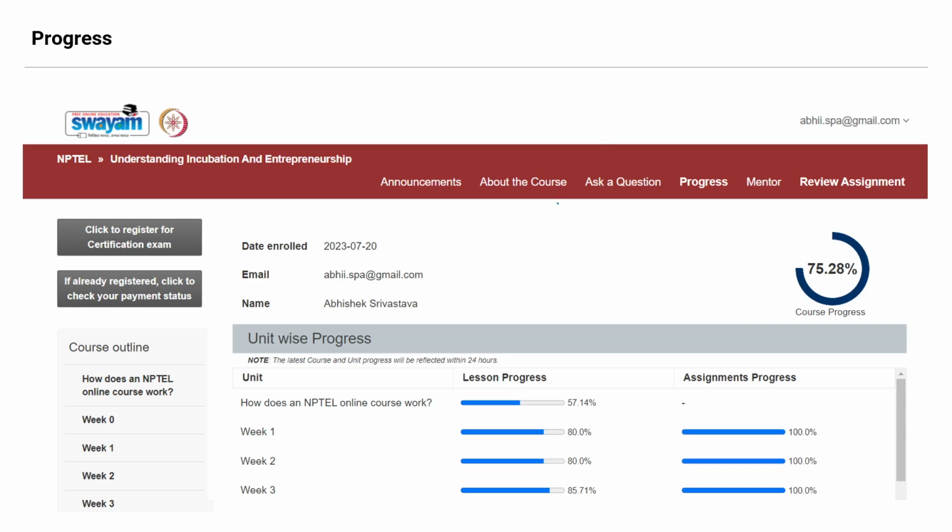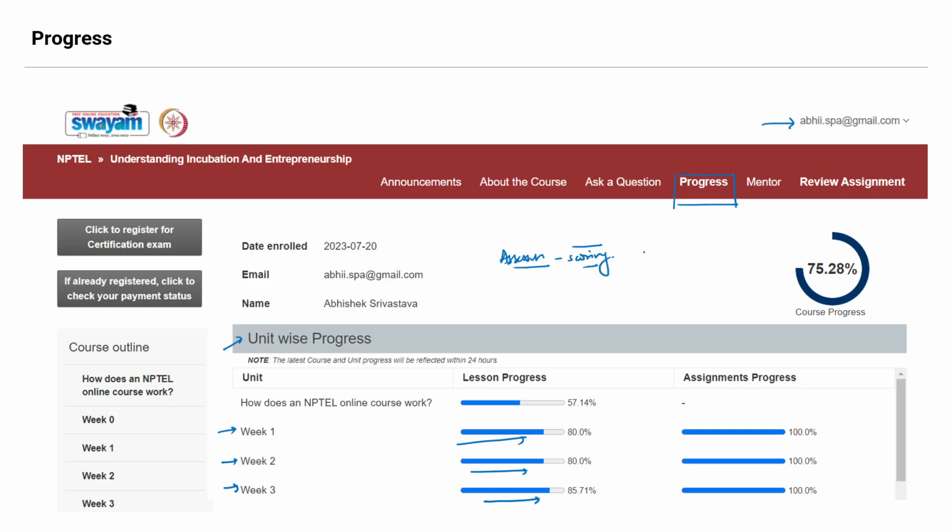So this is how your progress tab looks like. The moment you log in, you will see your login ID, and this is the progress tab. It has unit wise progress, which is about the content which you have been going through, the week wise content, and you can see the bar. The blue one is how much you have completed, right? And then there is an assessment progress. The assessment progress is how you are scoring.